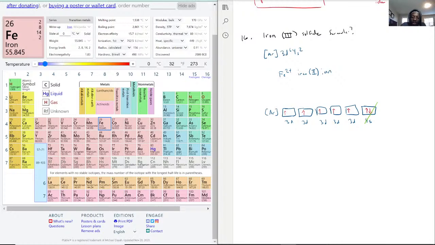Hence that's how we got the Fe3+, the iron 3 ion. The reason I'm saying all this is because you want to know what it means to be iron 3. It means that 3 electrons are lost. So that's what we have on one side, as a metal, iron 3.